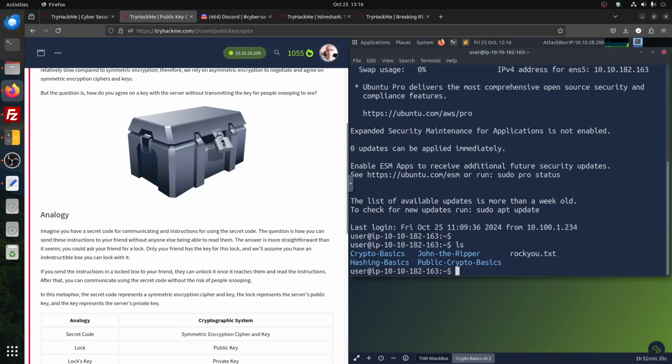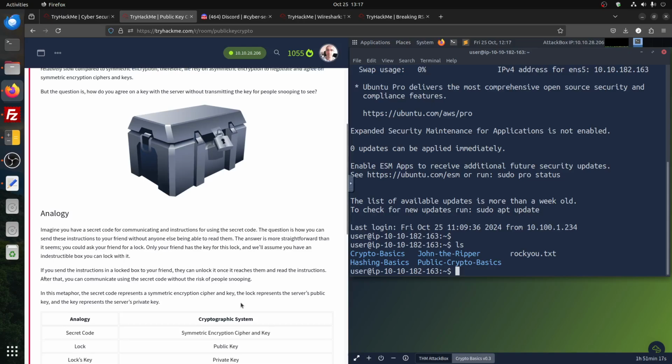So they bring this simulation of the box. If you have a box that no one can open, you can put inside it the information on how to communicate, and then your friend, when he receives the box, can open it because you agreed somehow on how to open it.